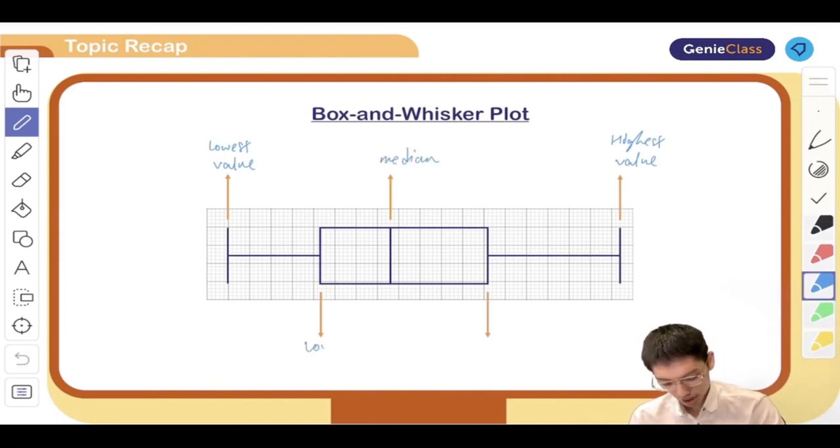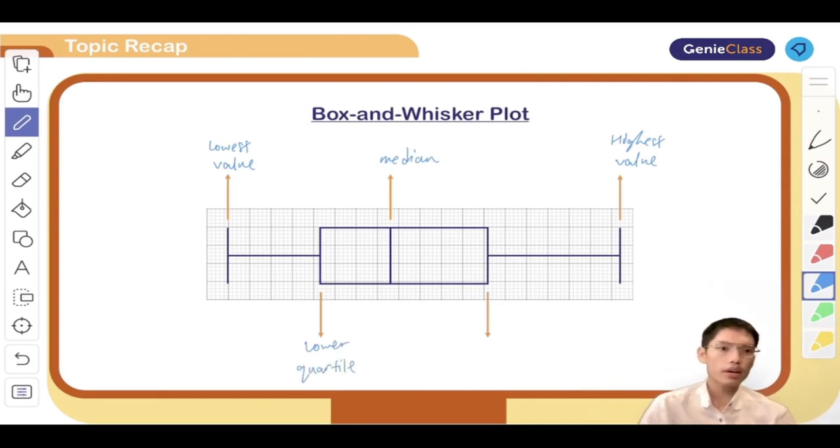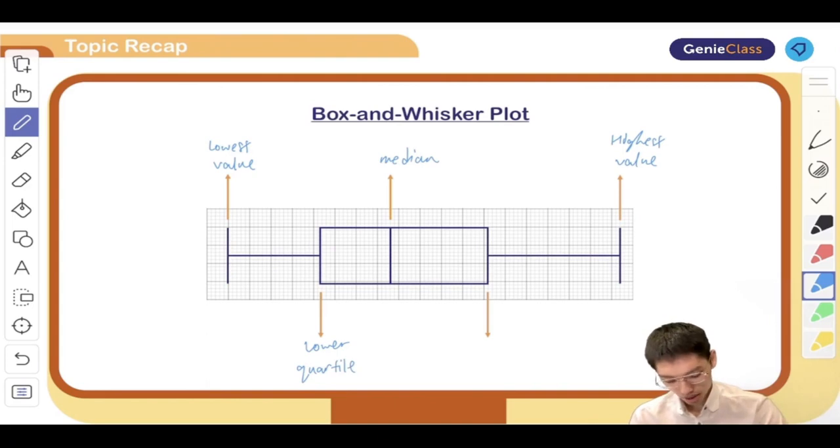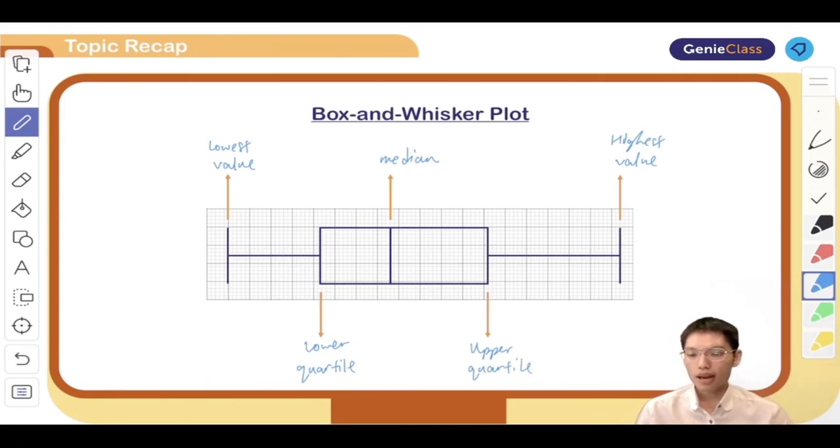The one on the left is the lower quartile, and the one further right is the upper quartile. And so that's our box and whiskers plot. Okay, so that's roughly what we have for our statistical data analysis.